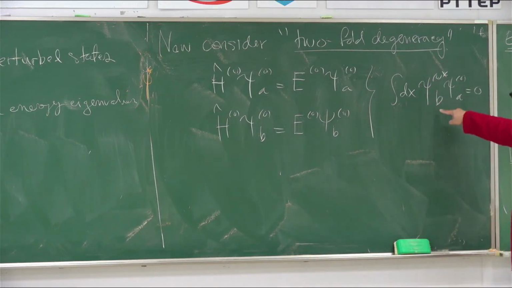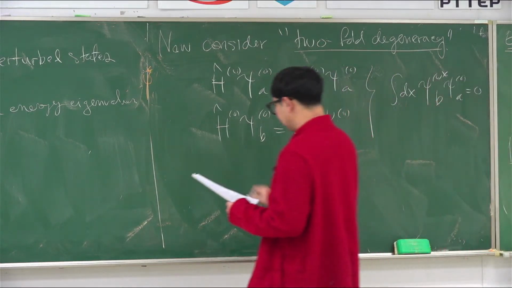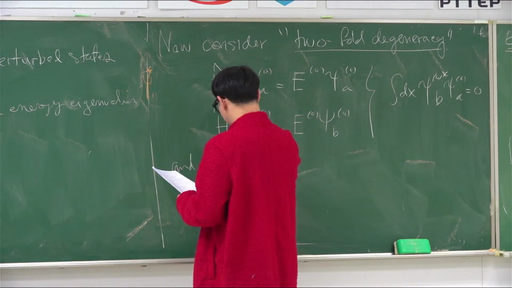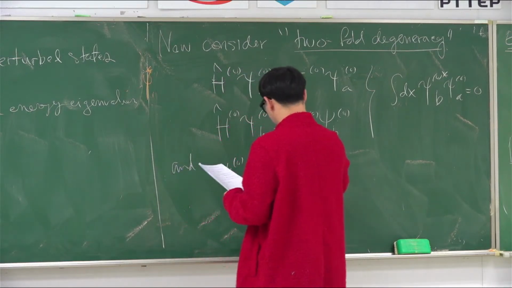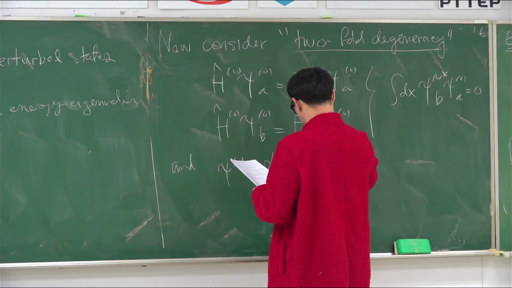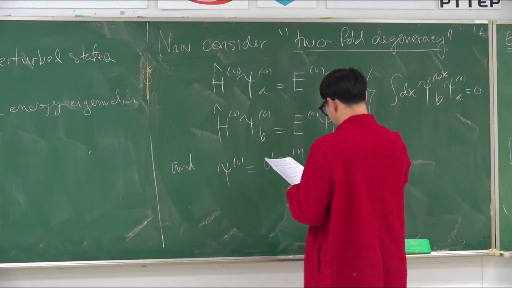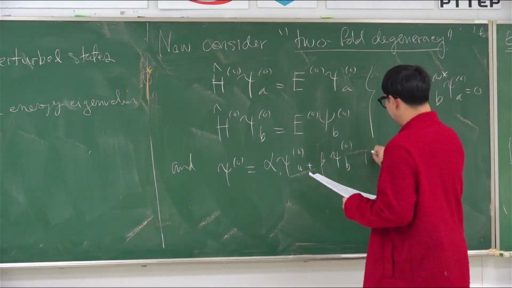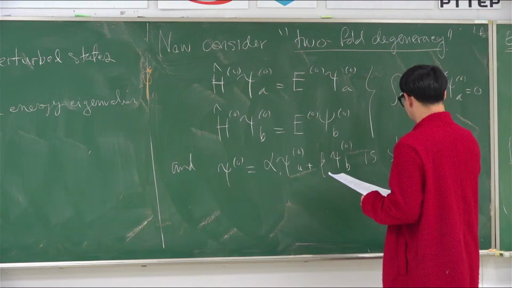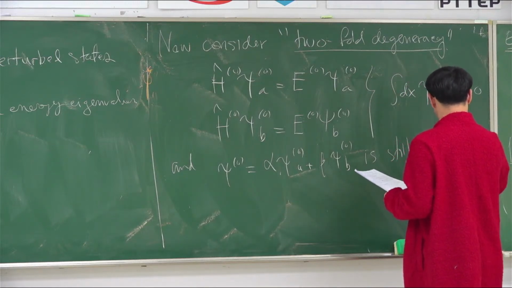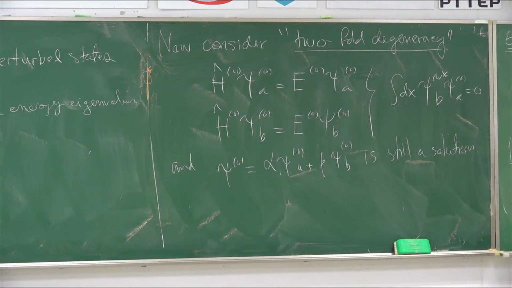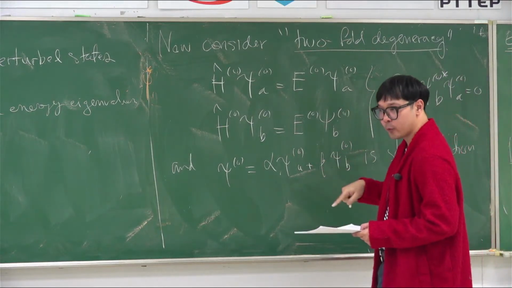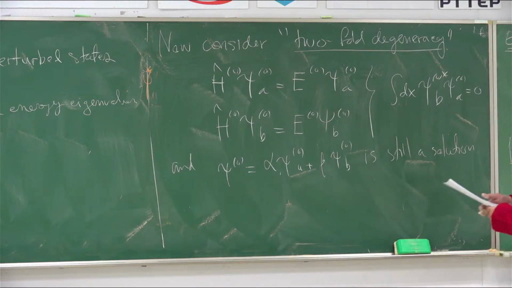Okay, these two different states are orthogonal to each other. And I mean, this is still a solution. All right, because this is a solution, the linear combination of these is going to be still a solution, right?